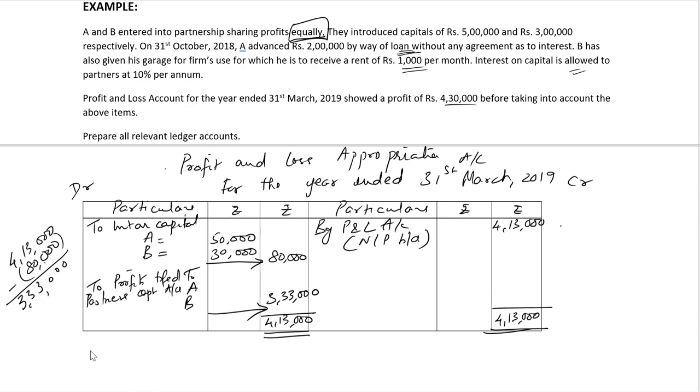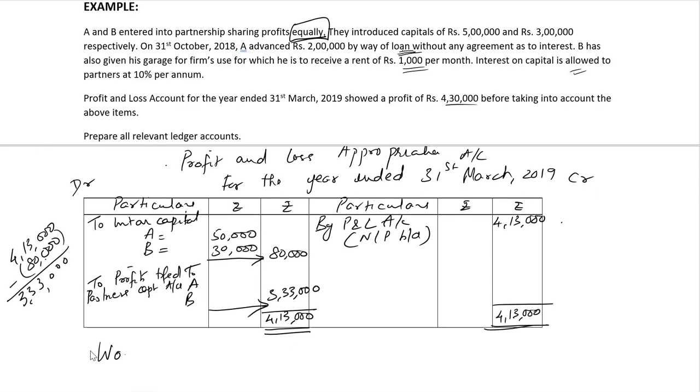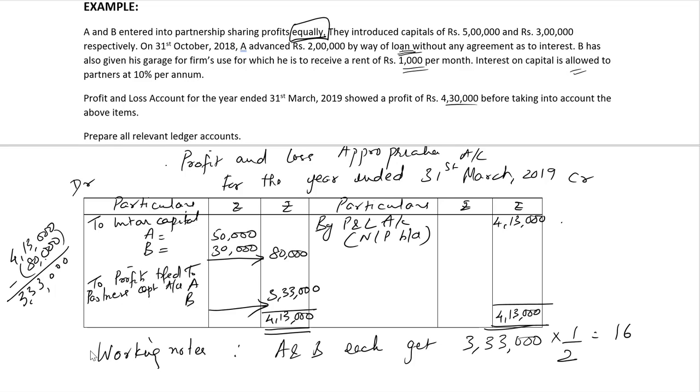So working notes: A and B each get 3,33,000 into 1 divided by 2, which is equal to 1,66,500.